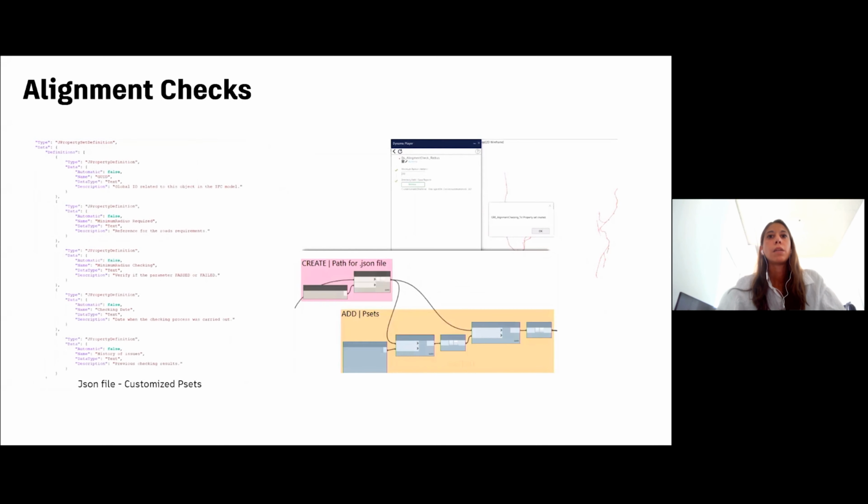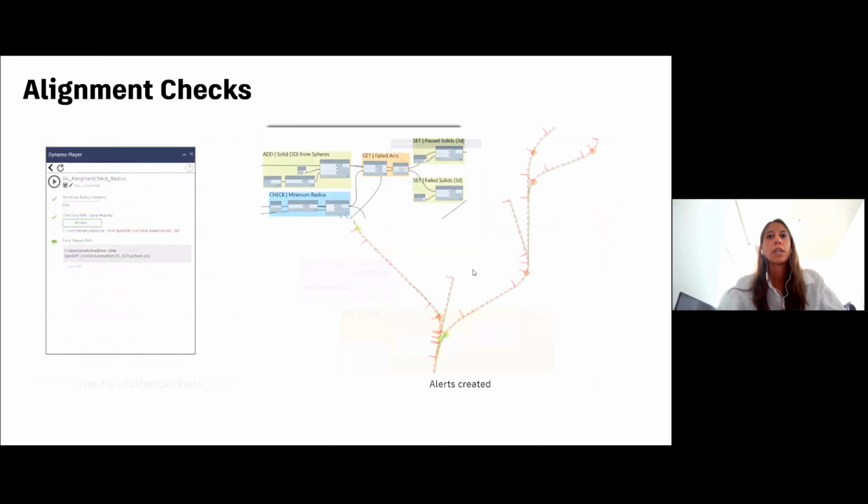To do that in Dynamo, we can link a JSON file with the custom properties, as we can see here to the left. After that, the script checks the radius in the middle of each arc of the alignment, and it compares it with the minimum value required, as we saw before in the inputs of the Dynamo player.